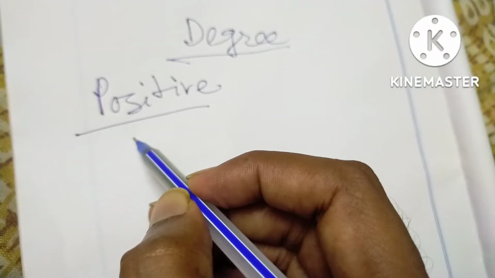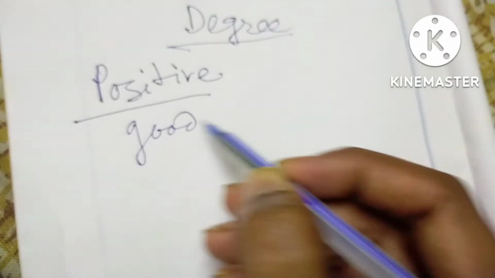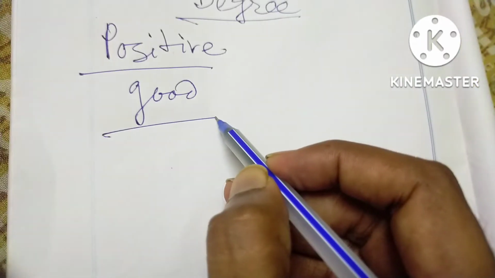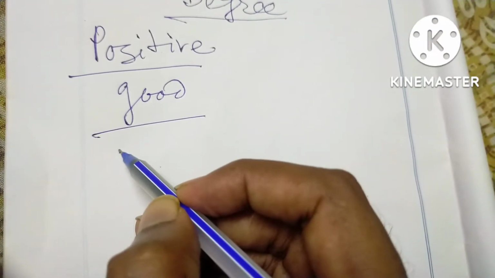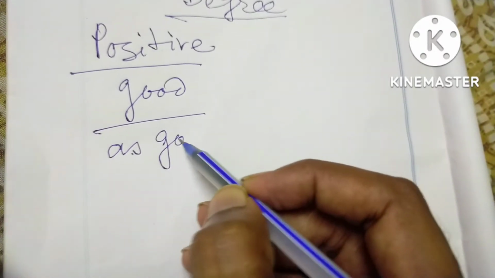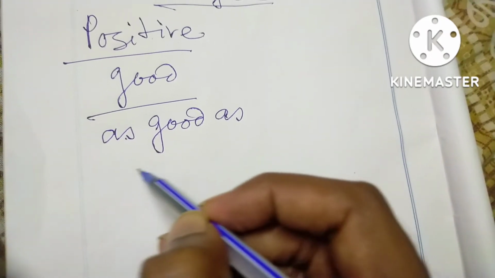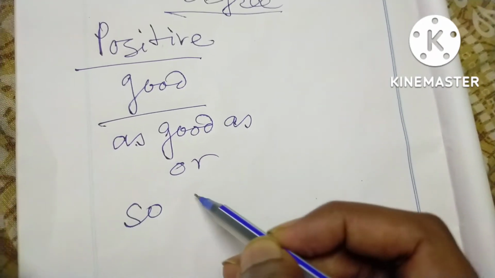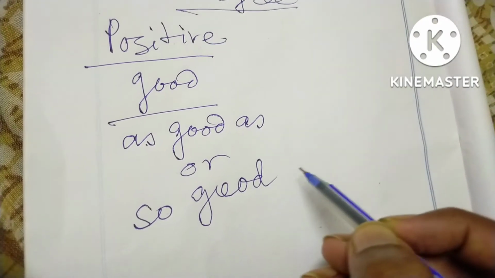For example, if we take good, we can use it by adding as: as good as.